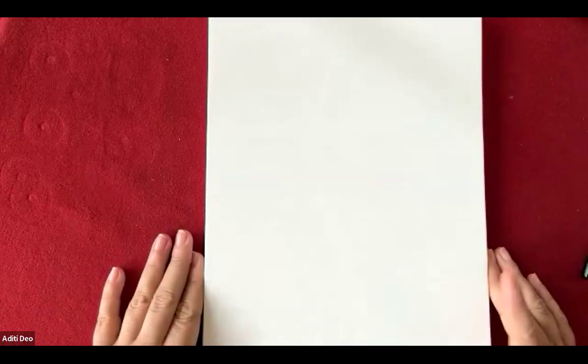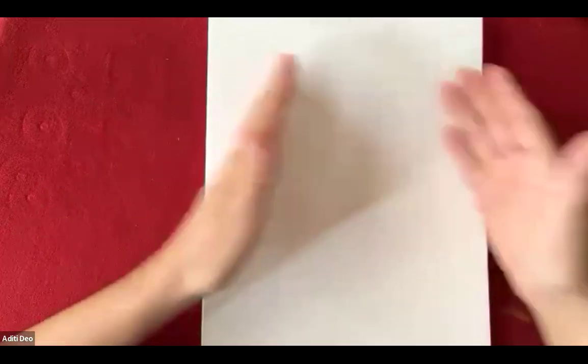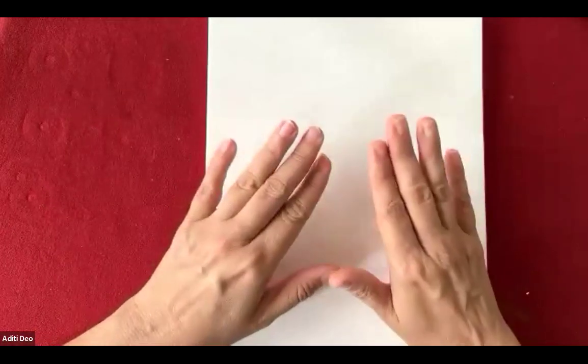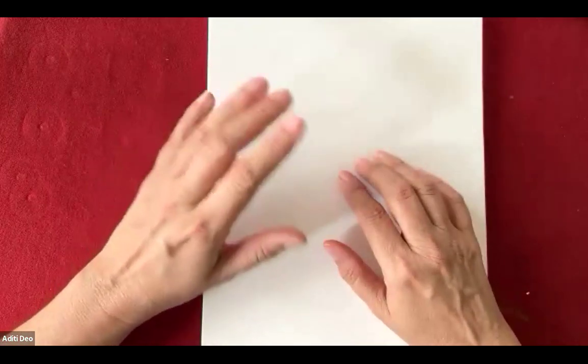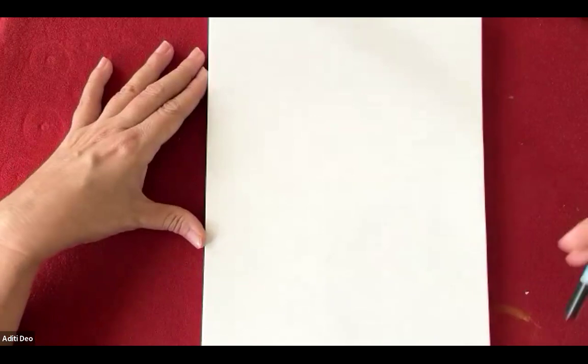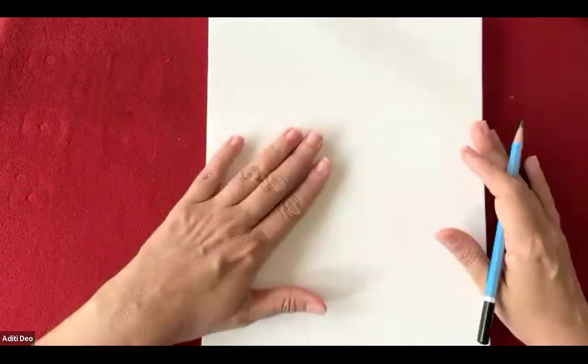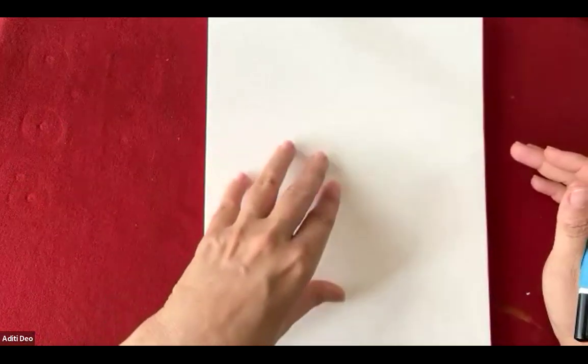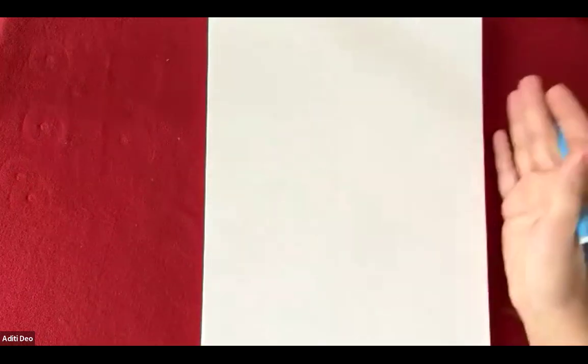Okay, so first things first, we need to have the proportion for the illustration, and I will give you a proportion for the book. But even before you start illustrating, remember that this could be for another purpose.